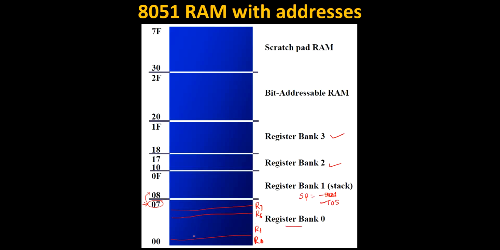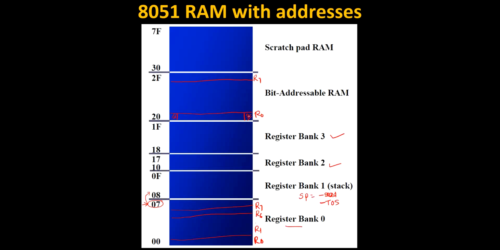This is the area where we have the registers R0 to R7. These are also a bit addressable area. We can address these bits; we'll come to later how we can address them.